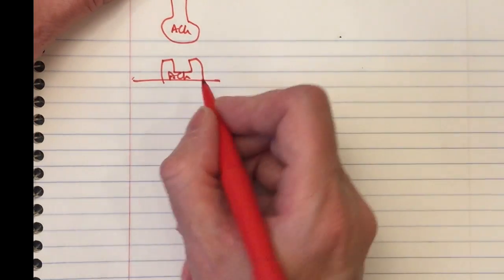Now, I should mention something on the side here. If you have a patient who has myasthenia gravis, so their acetylcholine receptors in the skeletal muscle at the neuromuscular junction aren't as good as they should be, right? So here's the acetylcholine, and it's binding its receptor. Here's a receptor for acetylcholine, a cholinergic receptor, in the skeletal muscle.